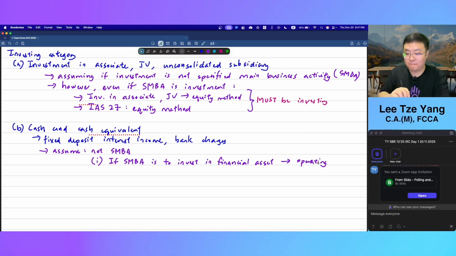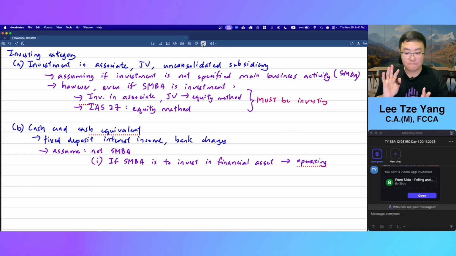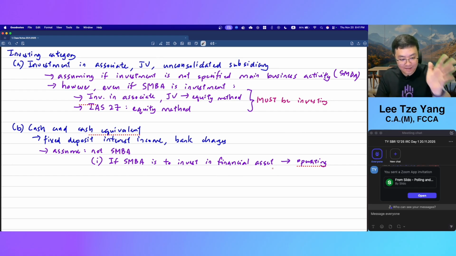If my business nature is like a bank or insurance company where I invest in financial assets such as shares, loan notes, debentures, in that case, if I earn fixed deposit interest income from my cash account, then operating, because this is considered part of my operation already.